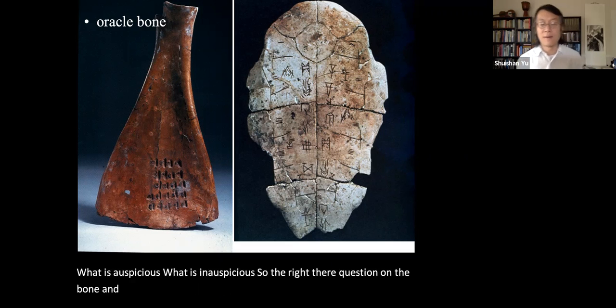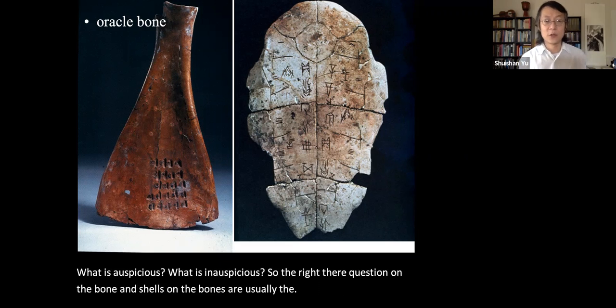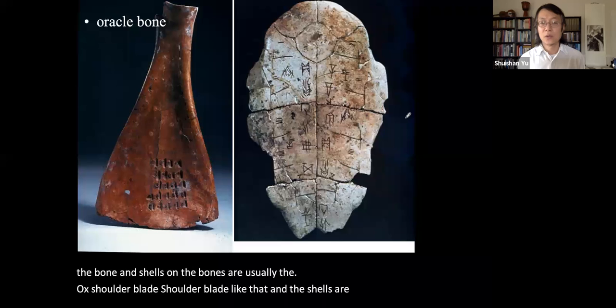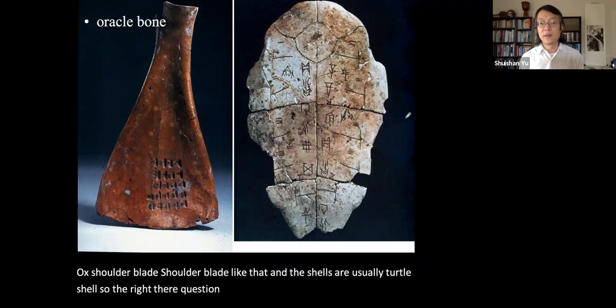The bones are usually ox shoulder blades, like that. And the shells are usually turtle shells. So they write their question and then they heat it.